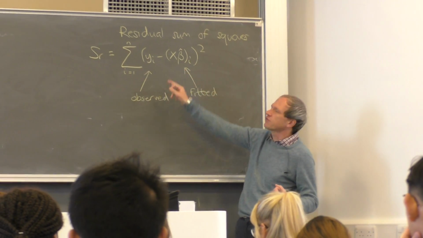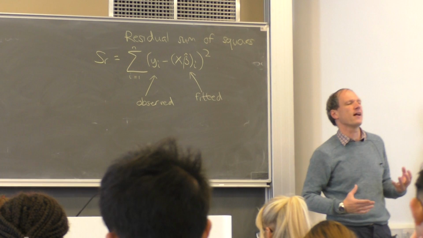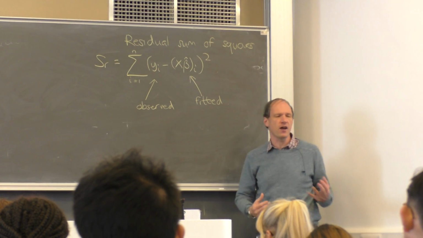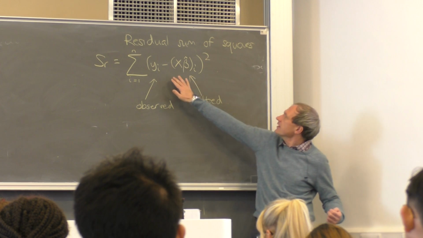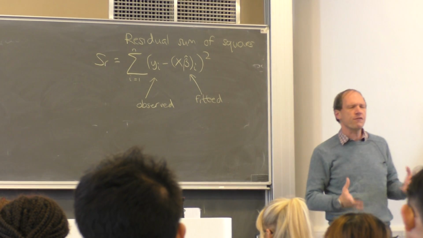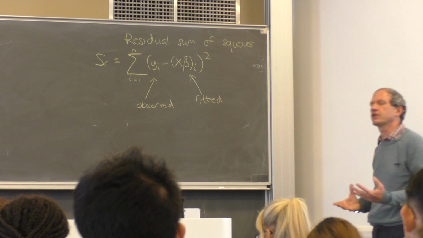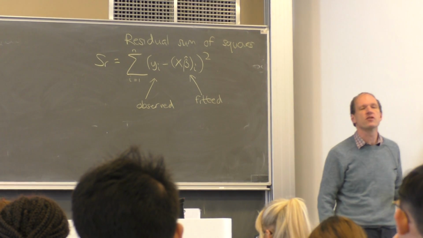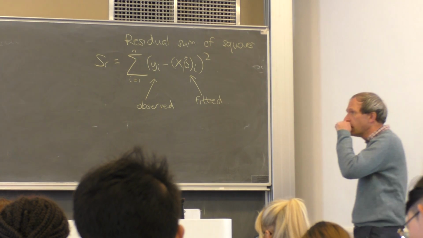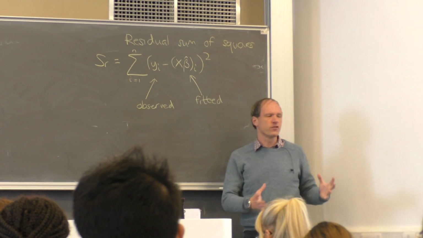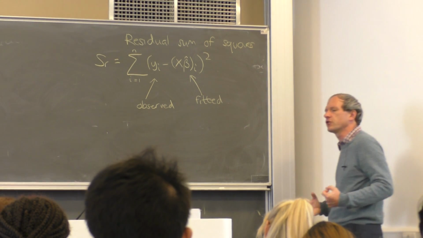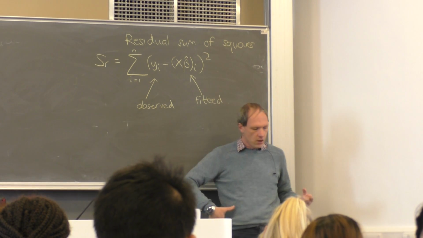So the ith element of that vector is the fitted value of observation i. So yi minus the ith element of X beta hat is the residual, the difference between the observed value and the fitted value. SR is the sum of the squares of the residuals.